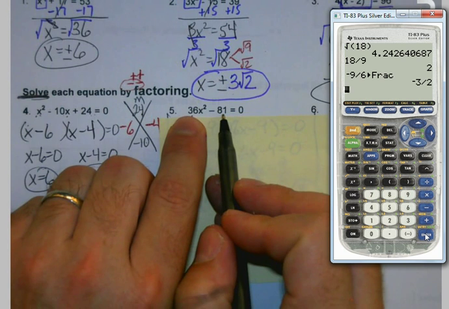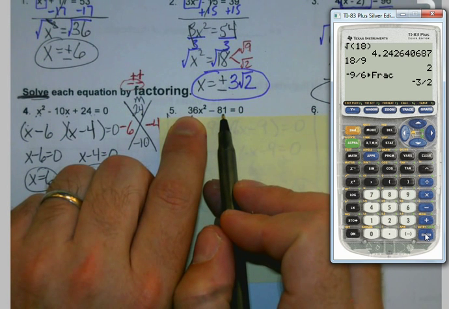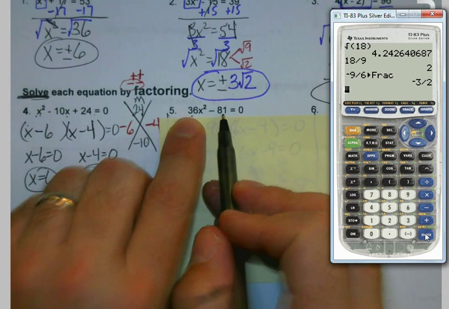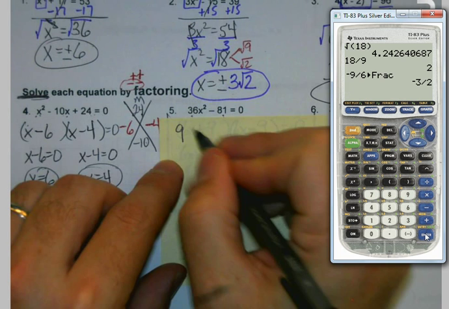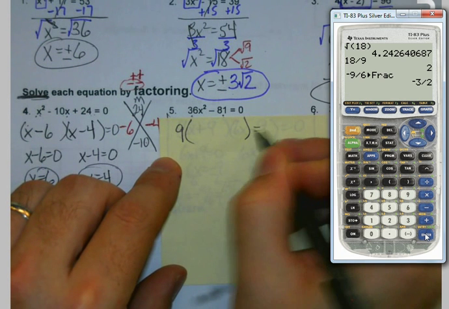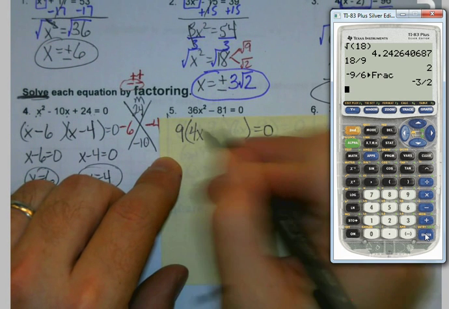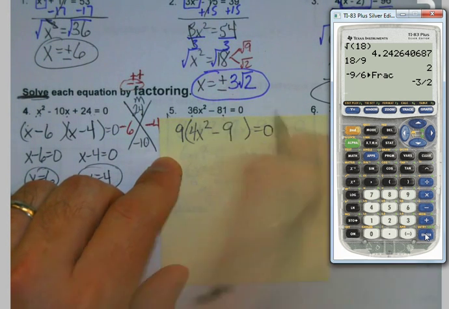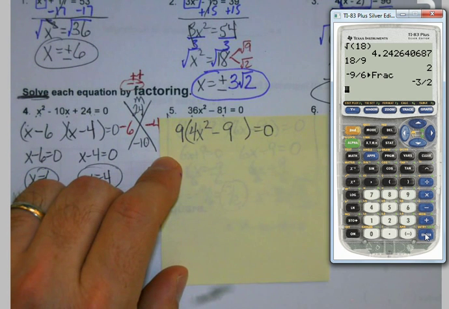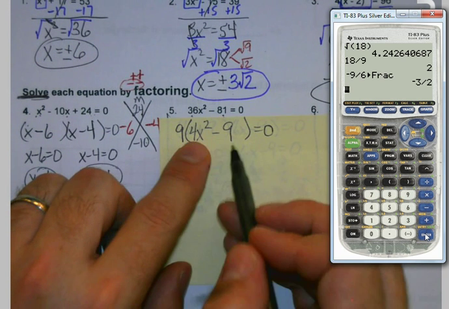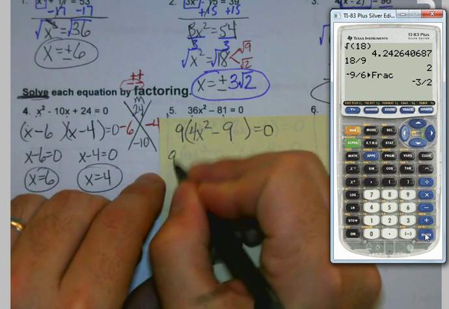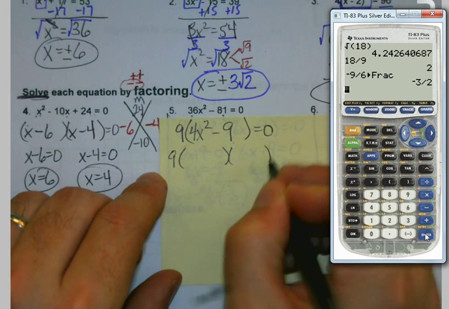If I'd really tried, I'd have noticed that I can divide 9 into both of these. So if I would have taken out the 9, you're like, oh, that's kind of different. Well, guess what? They still were perfect squares, and I still would have been able to go through.